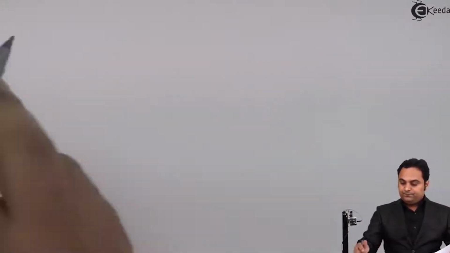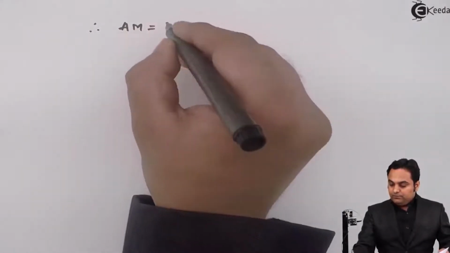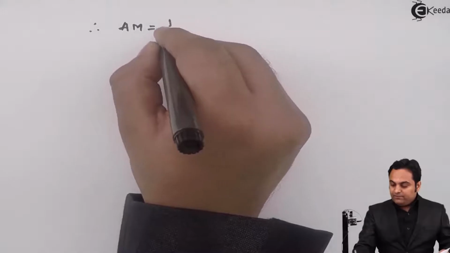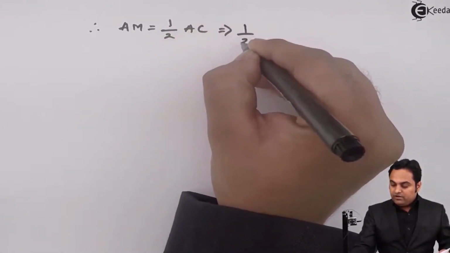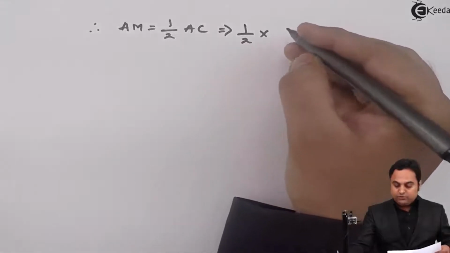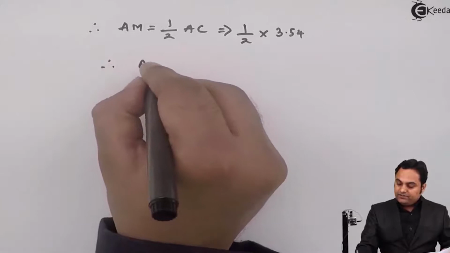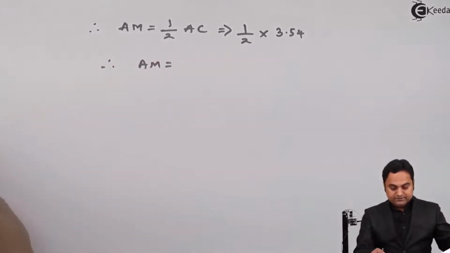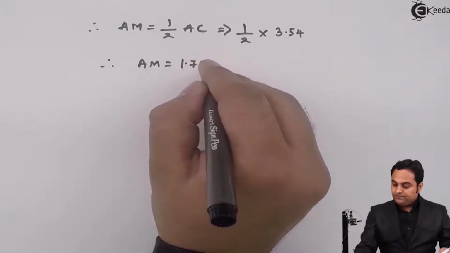Therefore AM is equal to half of AC. So here we have half of AC, it was 3.54, same as BD. So therefore I am getting distance AM as 1.77 meter.